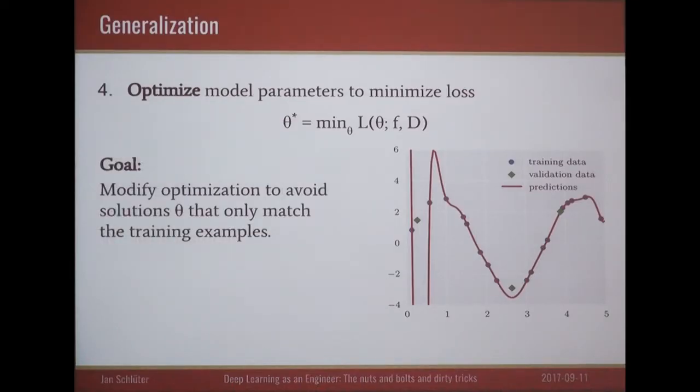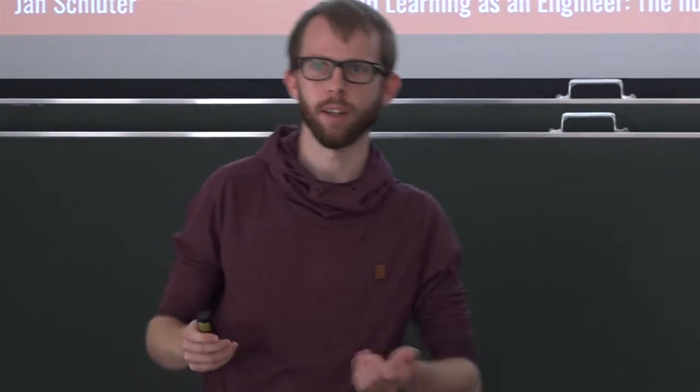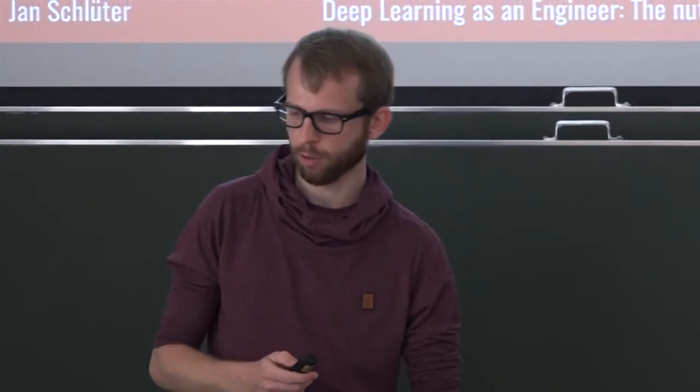And this is called overfitting. That's a general problem in machine learning, of course. And our goal is to modify the optimization in a way that we avoid such solutions that only match the training examples. And these are, again, many engineering tricks.